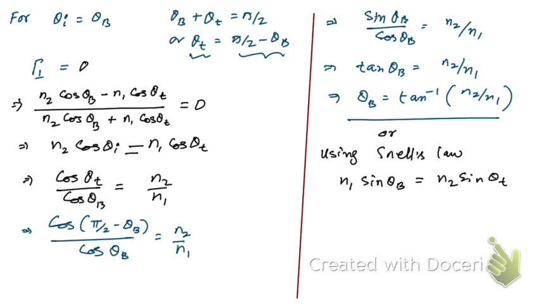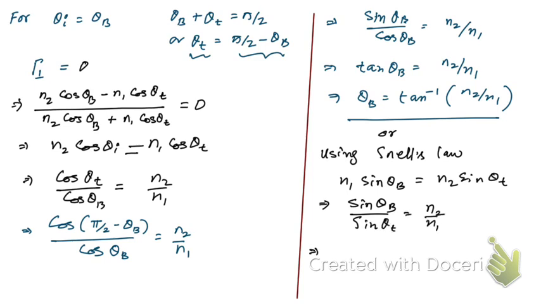Okay, that's what we're going to have. And sin theta b by sin theta t is going to be equal to n2 by n1.